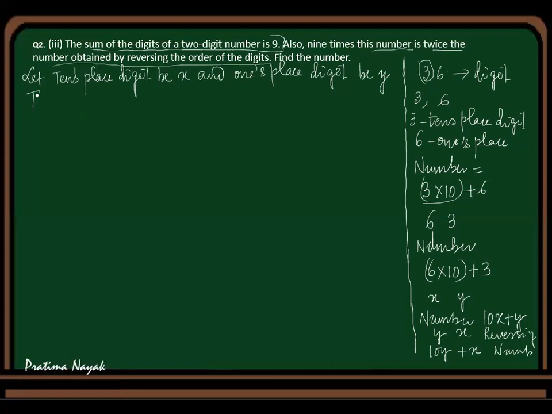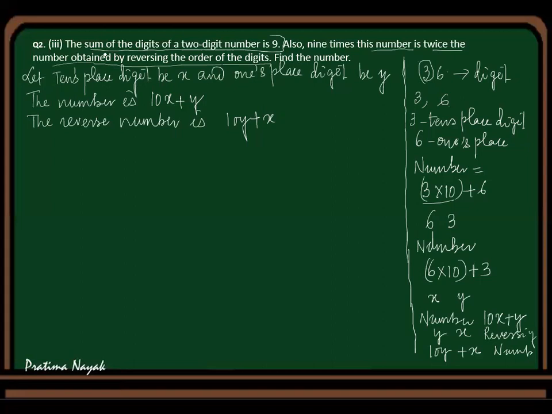Then the number is 10 times x plus y. Now when we reverse the digits, the number obtained by reversing is 10y plus x.